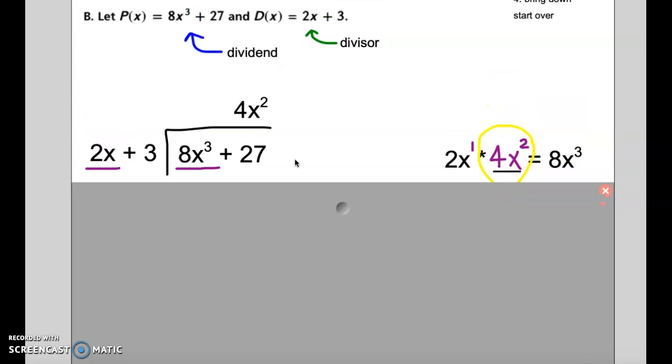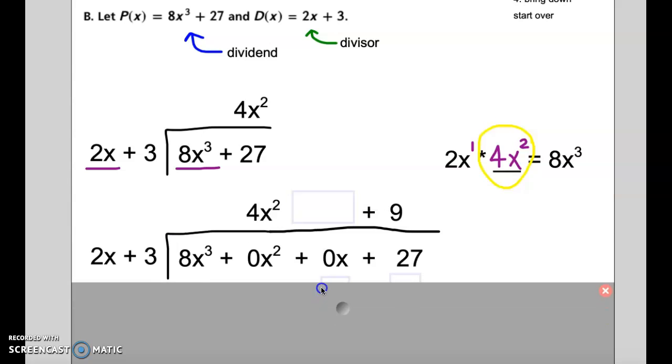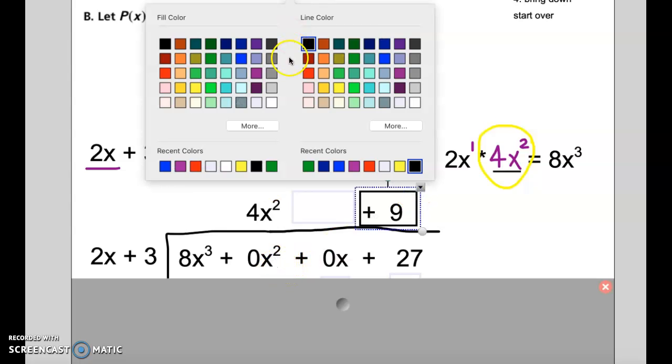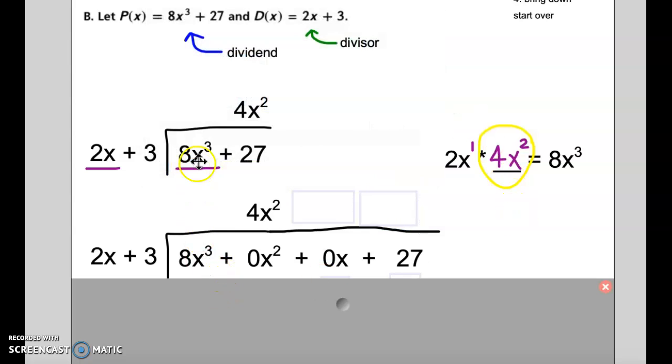So we need to catch ourselves when we do this, and we need to create something called placeholders, okay? And these placeholders are going to be spots for all of those variables that are missing. Okay, so notice I have x cubed and my plain number, but I'm missing a spot for the x squared and a plain x, and then I have the 27.